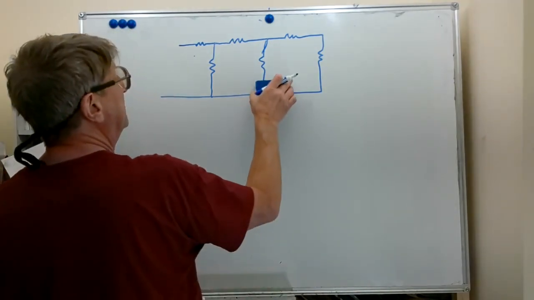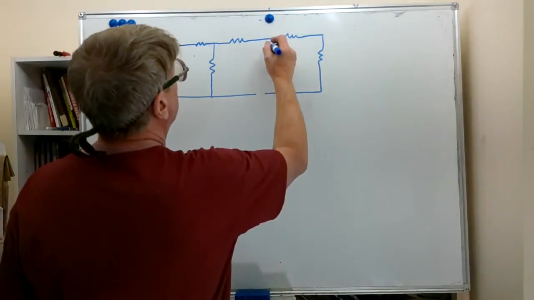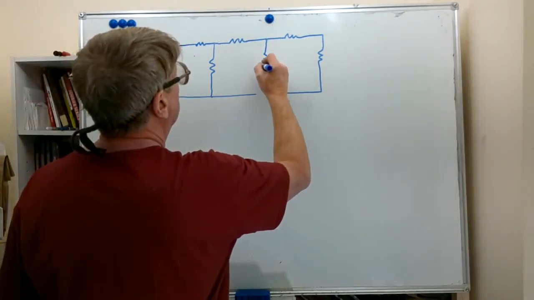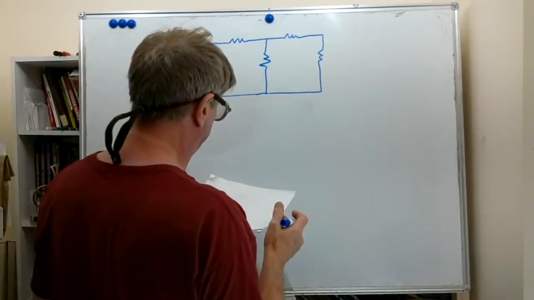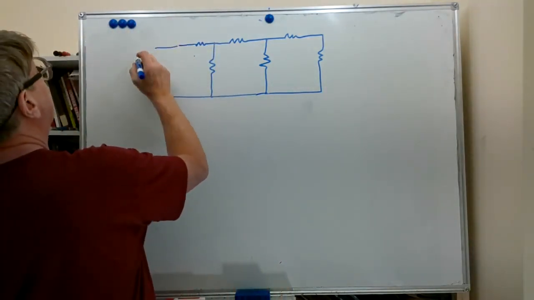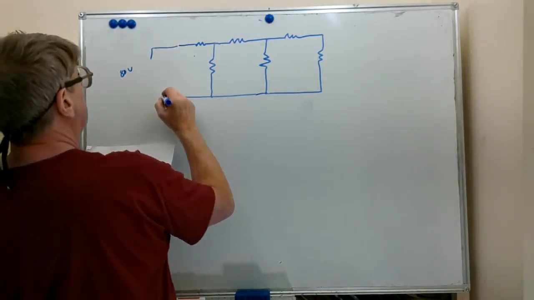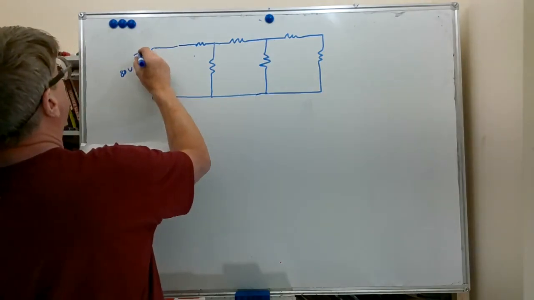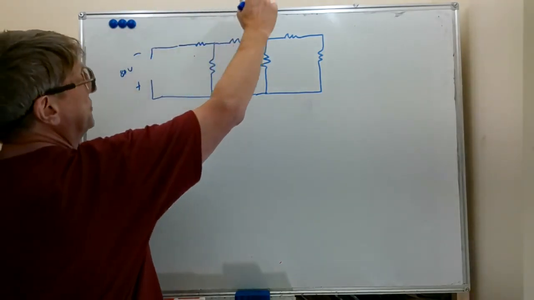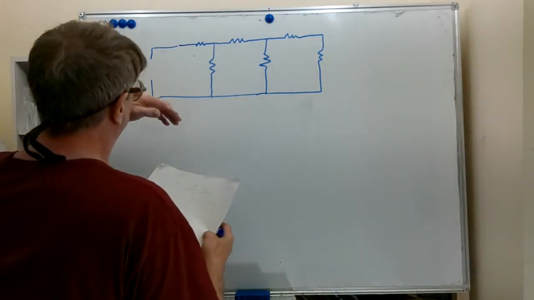Let's make that a little neater so it's a little easier to see. We've got 80 volts applied to this thing. We're given that. And again, we're going to do the negative, positive. All our currents are going to flow in this direction. This is electron flow, which goes from negative to positive.